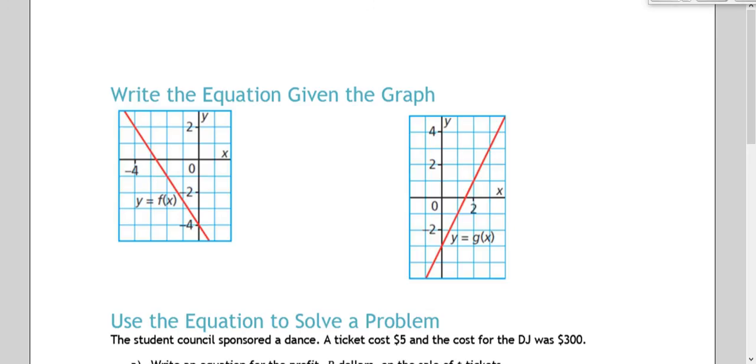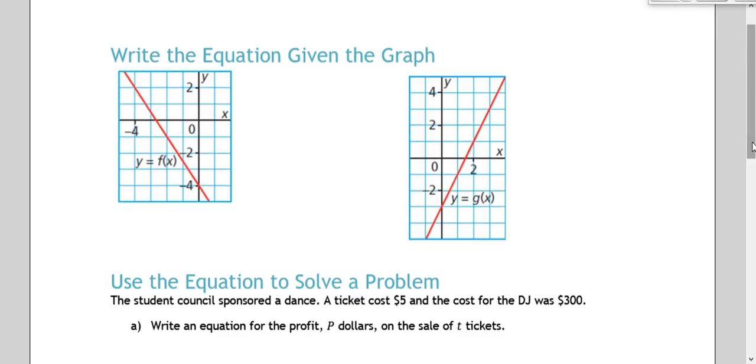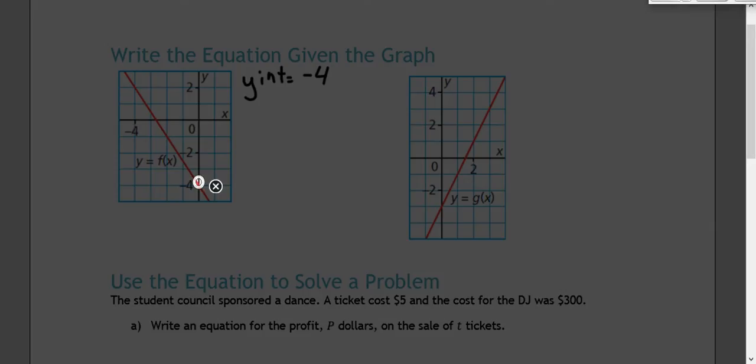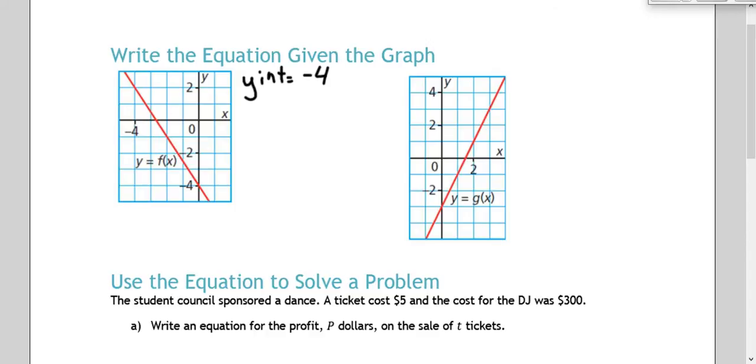Write the equation given the graph. So we are going to find the y-intercept and the slope. So the y-intercept is equal to -4. And then we are going to count out the slope from -4. From -4, we go to, let's say, here.